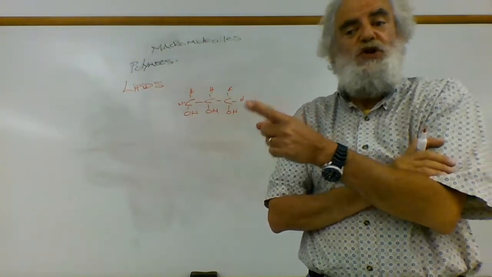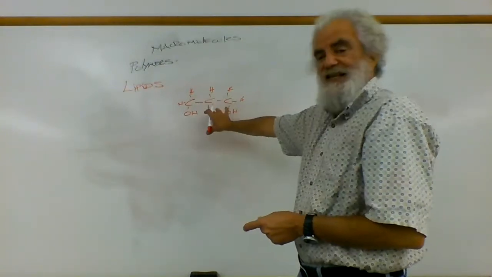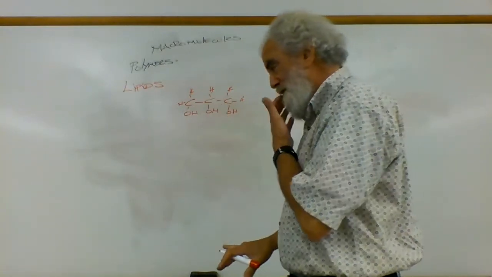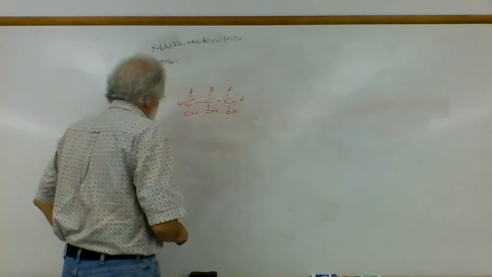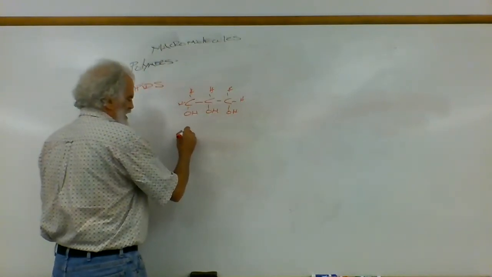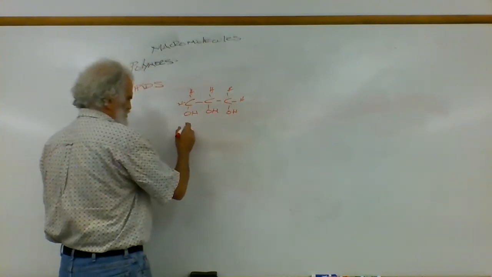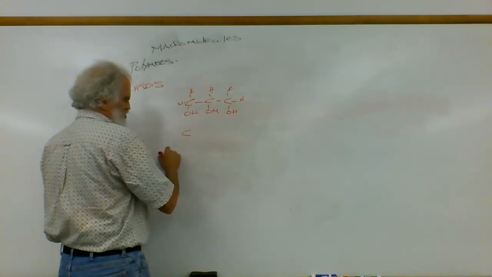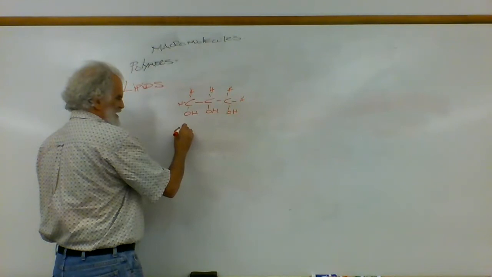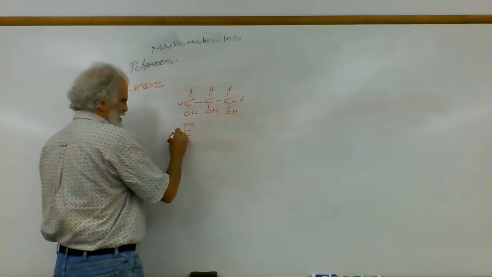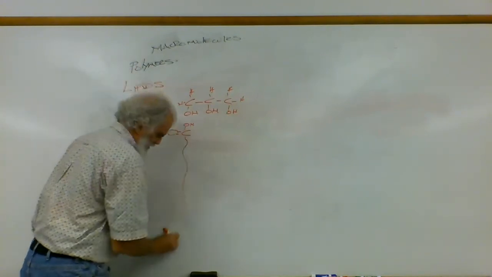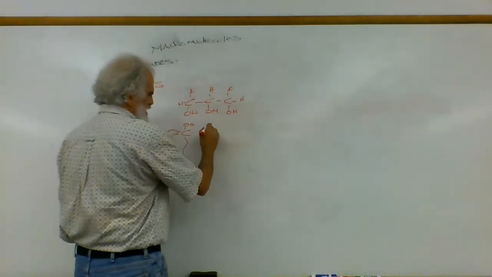So what we're going to do is begin linking fatty acids to this molecule. And we do it in the following way. We have the fatty acid, and rather than drawing all the carbons, we'll just draw it like this. There's the terminal carbon that is the acid part, and then the long carbon tail.